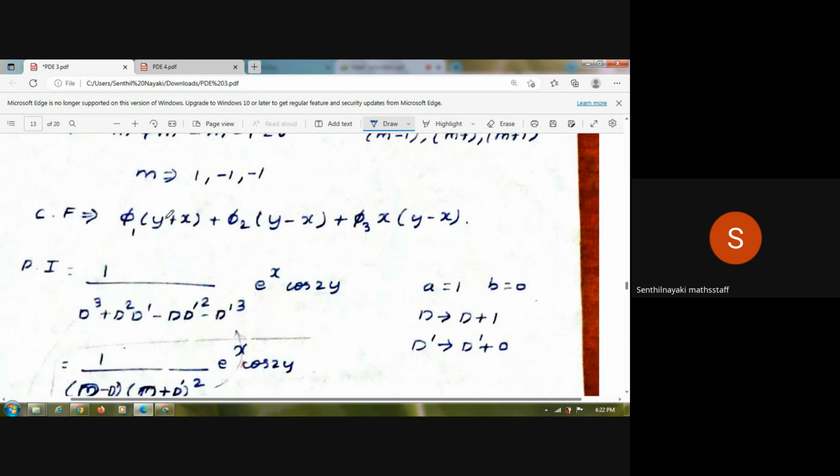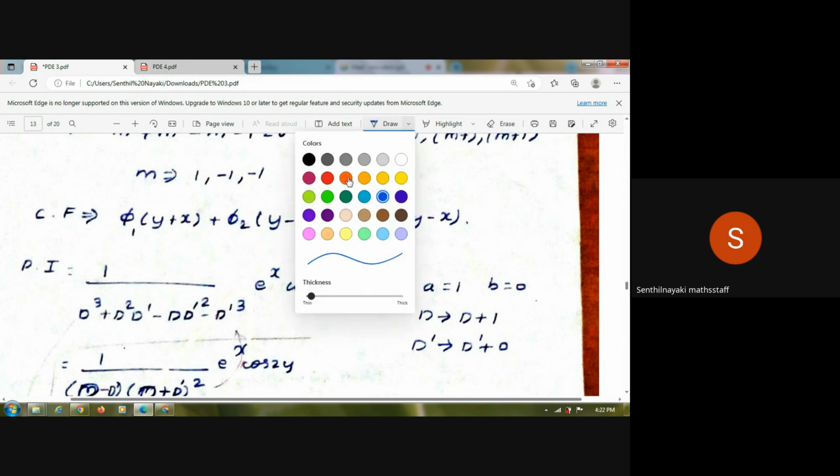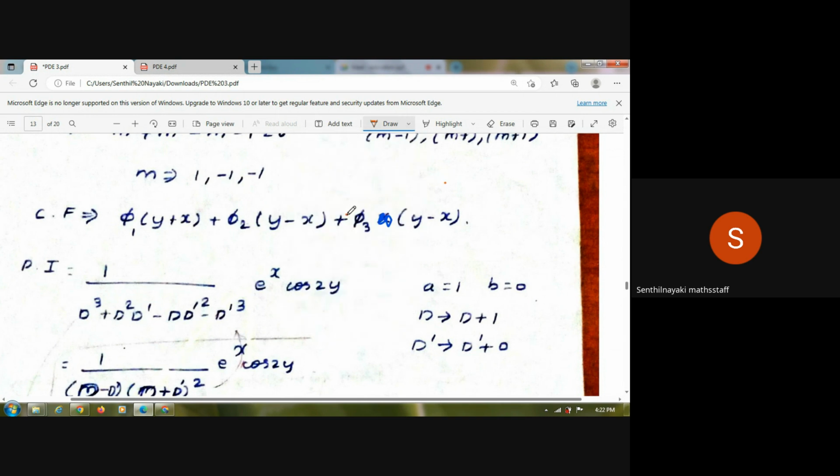The complementary function is pi 1 of y plus x plus pi 2 of y minus x plus x into pi 3 of y minus x.